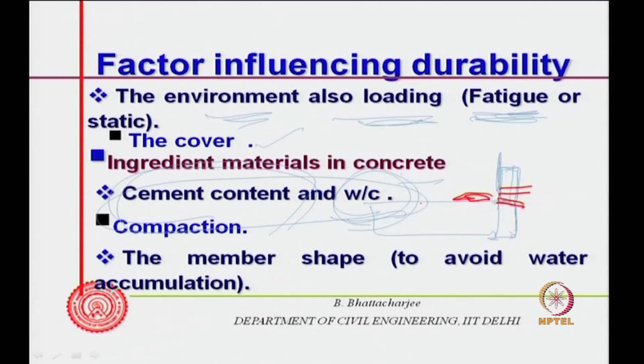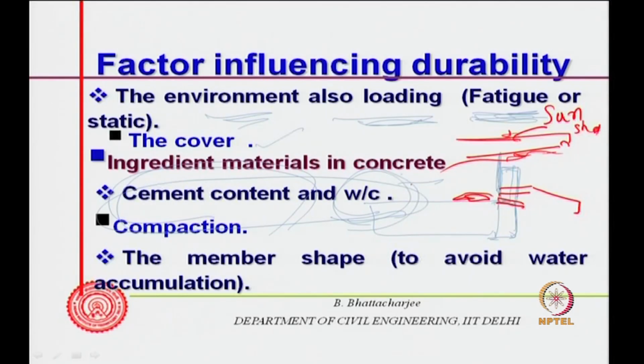Or in a sunshade, essentially a sunshade is something like this, but we have a drip course. In a sunshade, if the drip course is missing or the slope is the other way around, with the slope of the sunshade downward here, water accumulation will occur. Here the drip course is not there, water accumulation could be there, it will just flow through this.